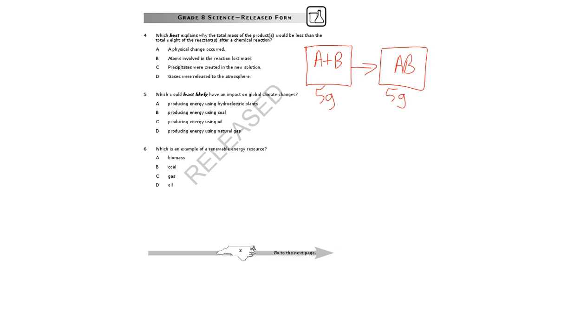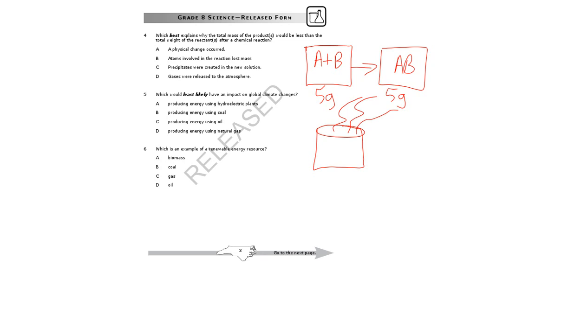On the other hand, if I have an open container, okay, and I have a chemical reaction that forms a gas, that gas can escape. All right, so you tell me, what do you think happened?